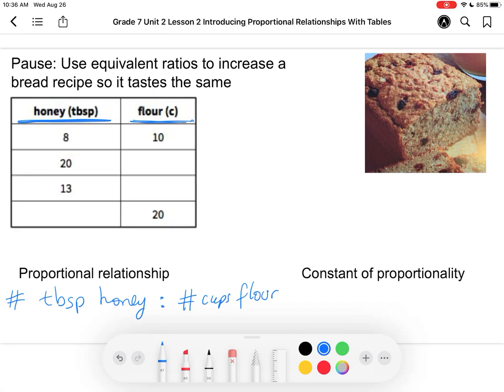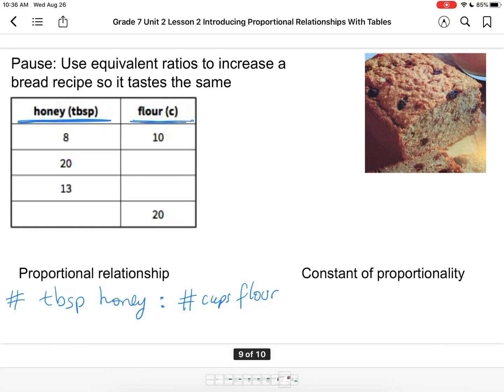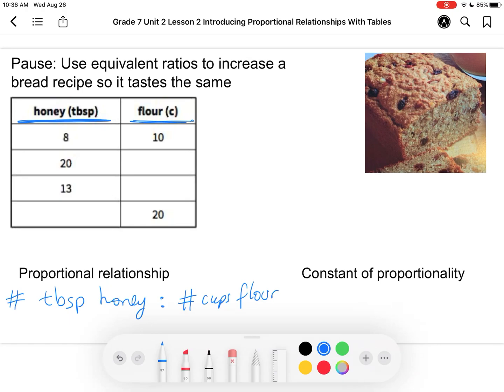And my constant of proportionality would be the unit rate, which again I'm not given here, so I'm going to draw an extra row on the table, and I am going to say, okay, 8 to 10, I'm going to divide both of these by 8. 8 divided by 8 is 1, and 10 divided by 8, I can simplify that down to 5 over 4.